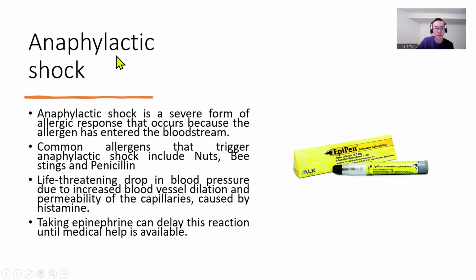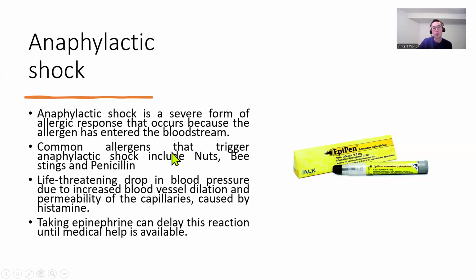In an anaphylactic shock, your entire system is undergoing a severe allergic reaction, mainly caused by systemic release of histamine. And as you know, histamine triggers vasodilation and increases permeability, right? So if your whole system is flushed with histamine and all the blood vessels are dilating, your blood pressure will drop significantly, and that could be life-threatening.